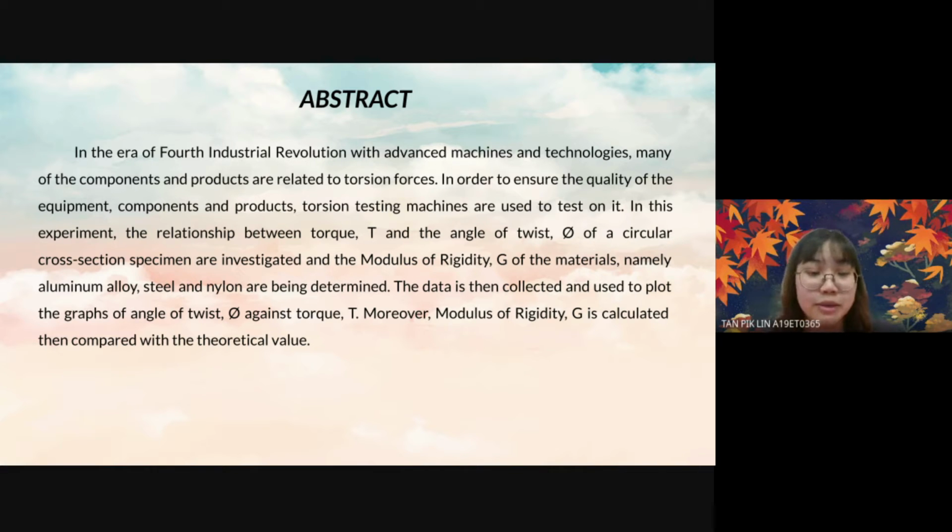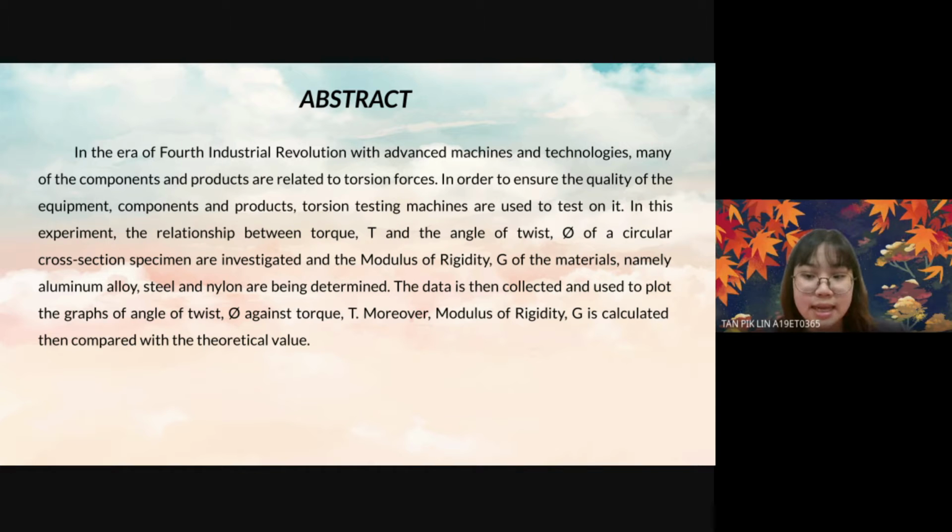So in this experiment, we will investigate the relationship between the torque and the angle of twist of the circular cross-section specimen, and also determine the modulus of rigidity of the materials, which are aluminum alloy, steel, and nylon.